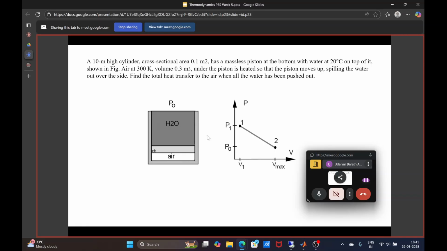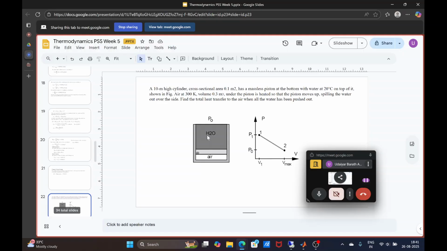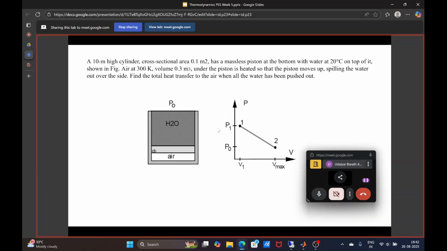So moving on to the next question. We have a 10-meter high cylinder with a cross sectional area of 0.1 meter square, and it has a massless piston at the bottom with water at 20 degrees Celsius on top of it, as shown in the figure.